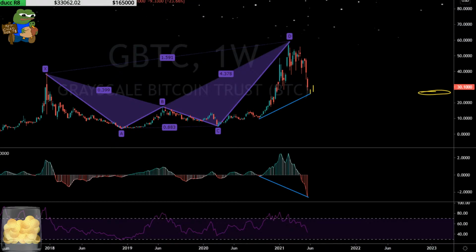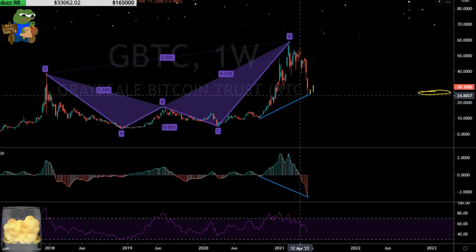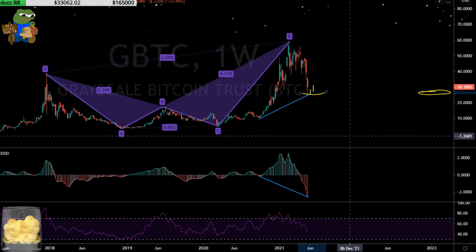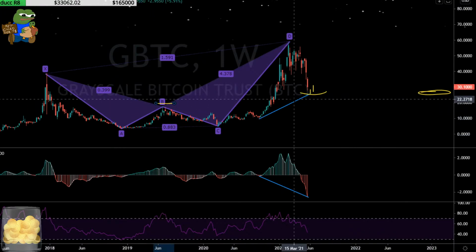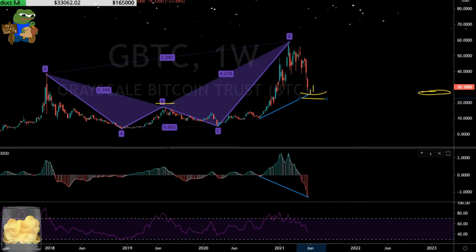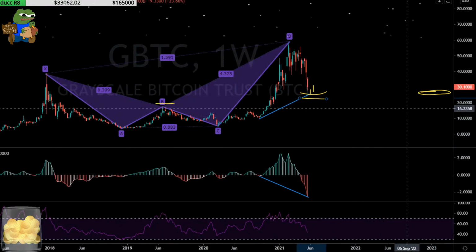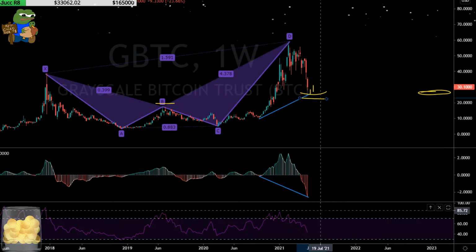What I'm trying to say is this is a nasty little trappy zone. It's like this previous B area, right? Just a trappy little zone, all right?